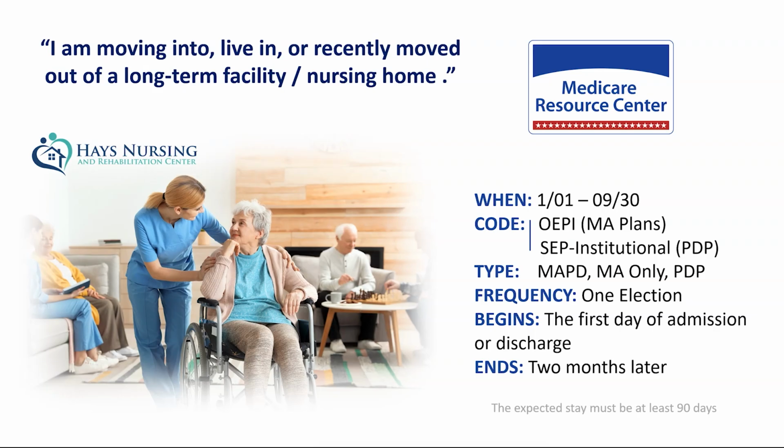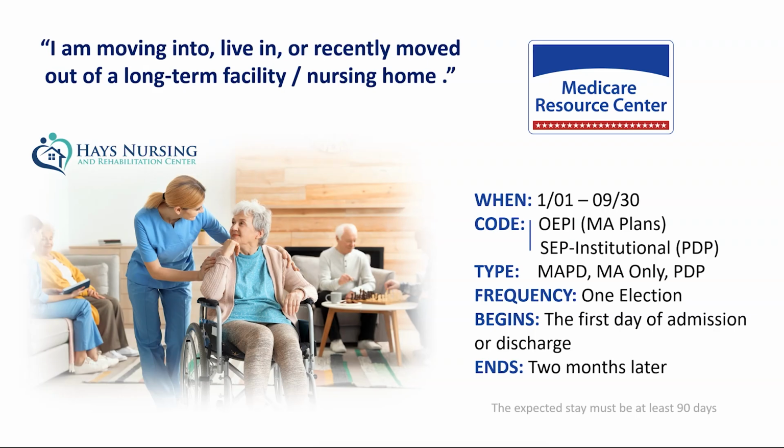But the key here is the expected stay must be at least 90 days, which makes it confusing upon going into the nursing home, because that enrollment period begins the first day of admission or discharge. And a lot of times at admission, people don't know how many days that they're going to be there. Medicare says if you want to use this enrollment period, it must be at least 90 days.